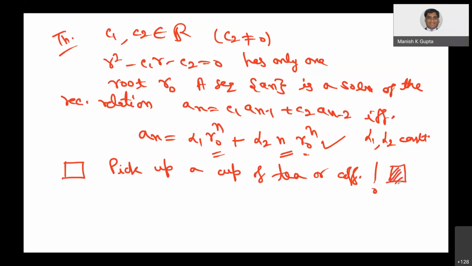What does that mean? In the evening, just pick up a cup of tea or coffee, sit down and work out why this is the case. This will allow you to think. So that means the proof is left as an exercise for you. You saw the proof for theorem 1, and in a similar manner you can do it for this. In fact, now I will give you an example.